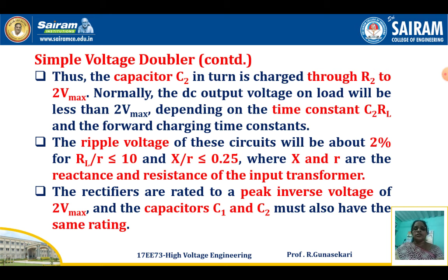The rectifiers R1 and R2 are rated to a peak inverse voltage, that is PIV, of 2V maximum, and the capacitors C1 and C2 must have the same rating. Like that we have to design the simple voltage doubler circuit.